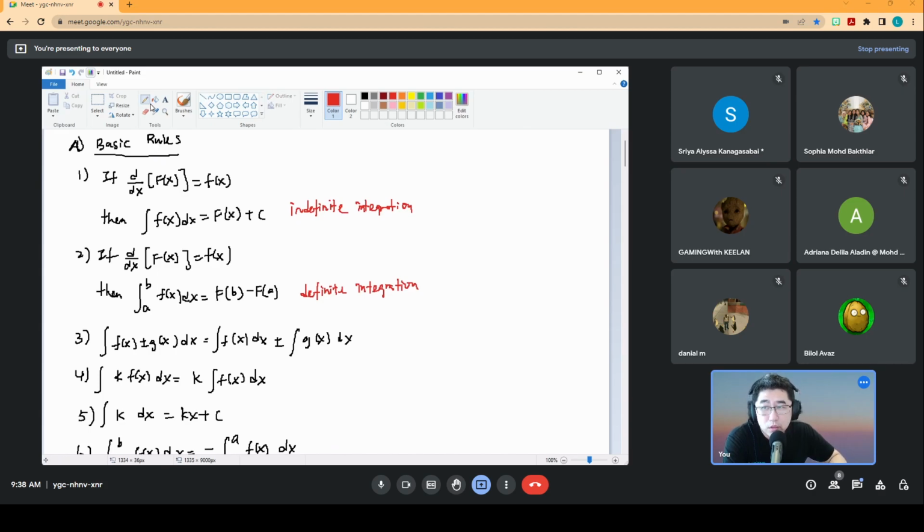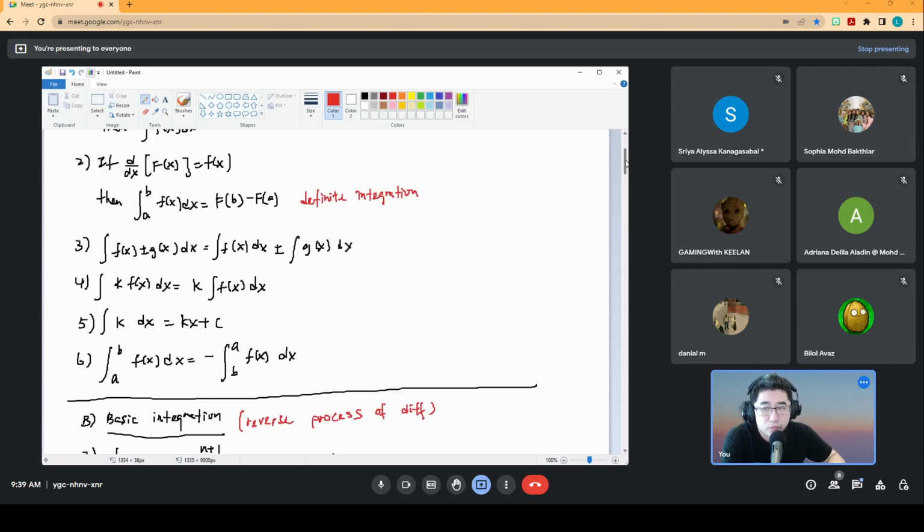Okay, if d/dx of capital F equals small letter f, then the integral of small letter f equals capital F plus c. This is called indefinite integration. It's a reverse process of your differentiation. Number 2, if the derivative of capital F equals small letter f, then with the limits a to b, it will be F of b minus F of a. This is called definite integration.